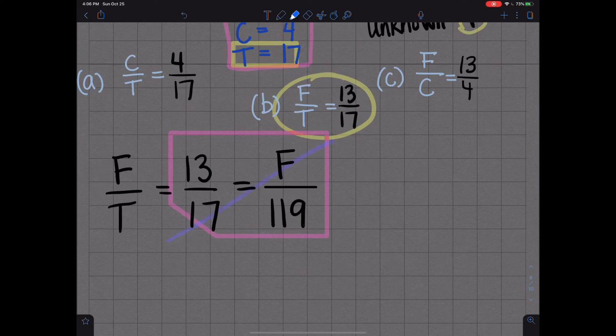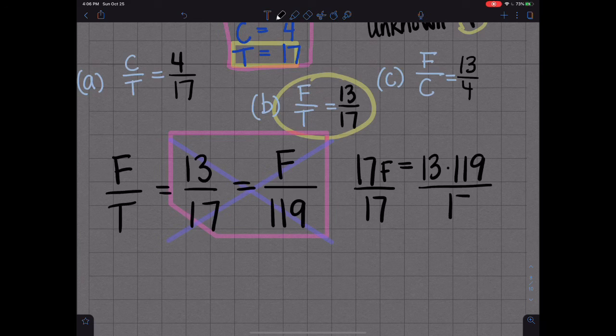So 17 times F is equal to 13 times 119. Then I divide by 17. The 17s cancel out. So I'm left with F is equal to 13 times 119 divided by 17, which turns out to be, I just looked in the book, 91.